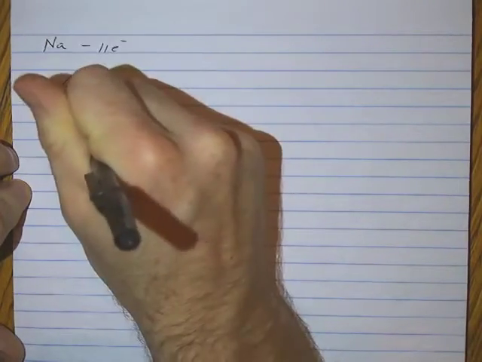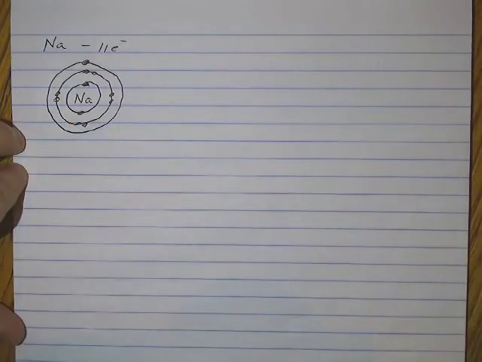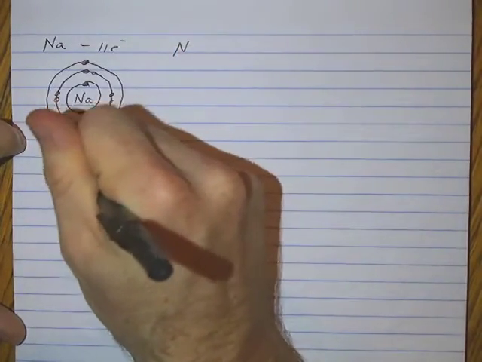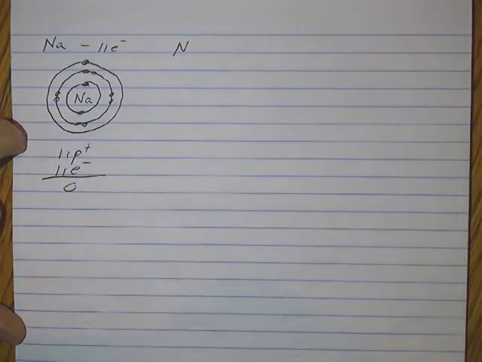So we have your sodium atom, 2 electrons in the first shell, 8 electrons in the second shell, and then we have the last one on the valence shell. We have 11 protons, 11 electrons for no charge.